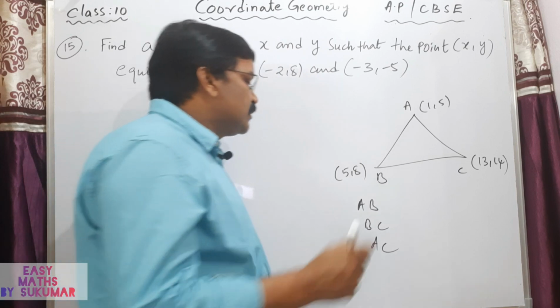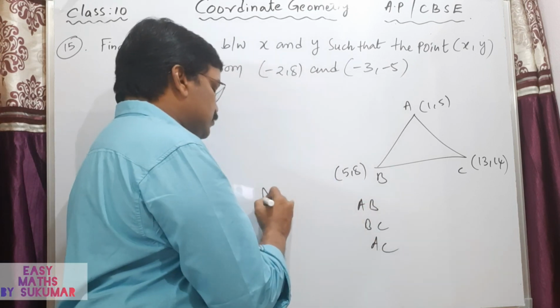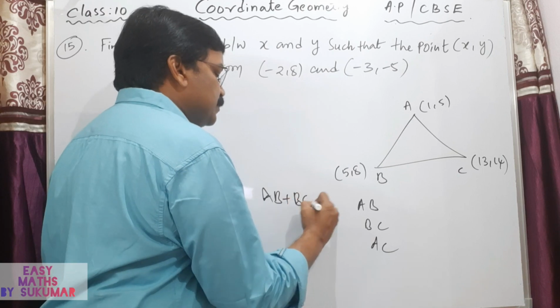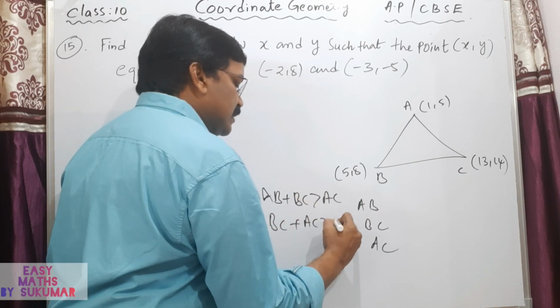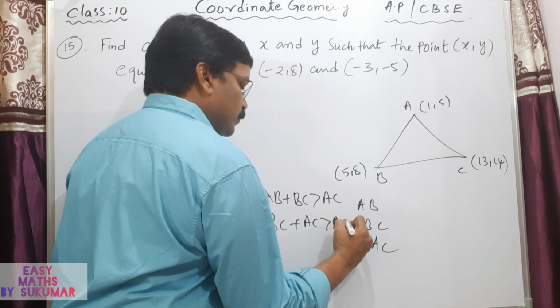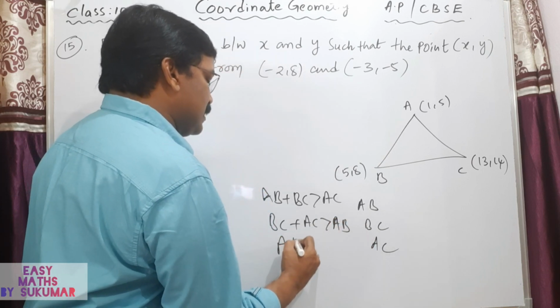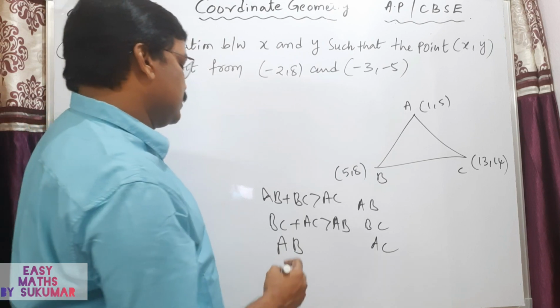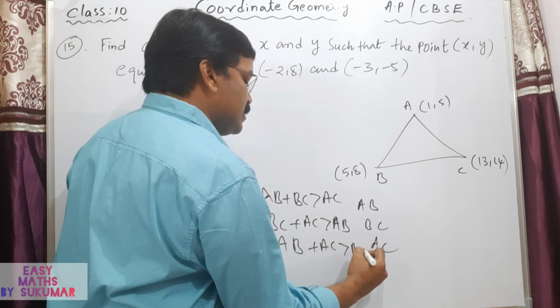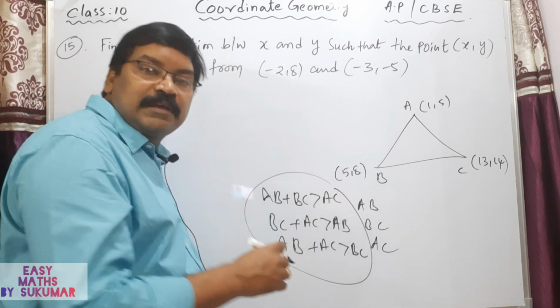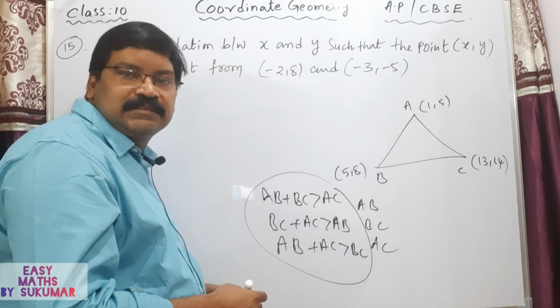That means AB plus BC must be greater than AC, BC plus AC must be greater than AB, and AB plus AC must be greater than BC. Then only we can construct a triangle.